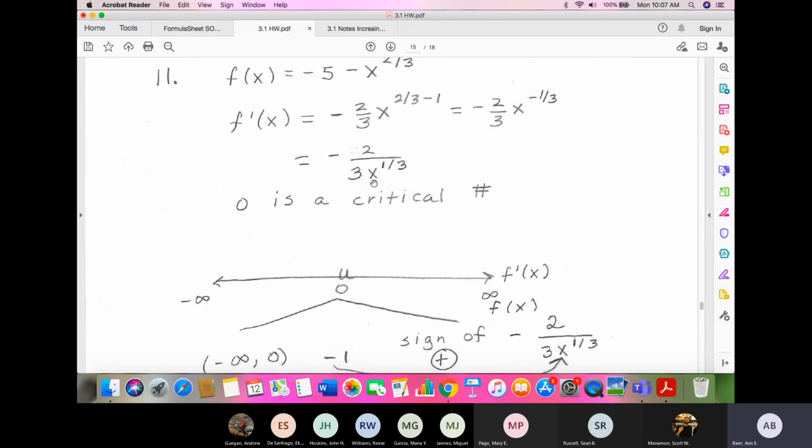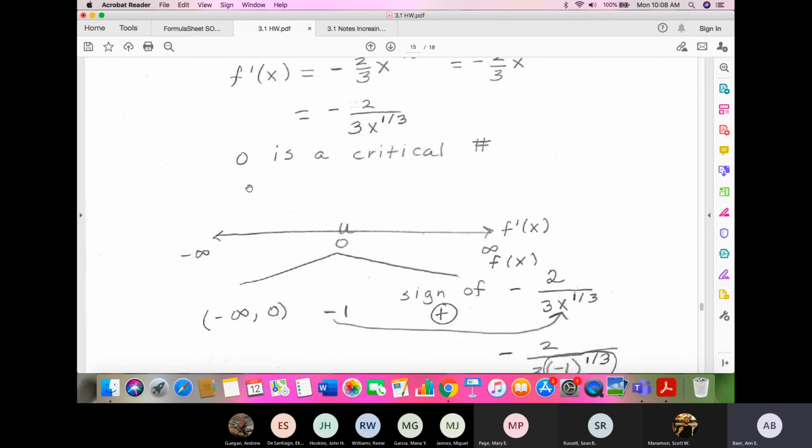We get 0 to the 1/3, which is 0, times 3 is still 0. Division by 0 is undefined. You could put your favorite number in your calculator, do 2 divided by 0. If the entire denominator is 0, you will get a warning that says attempted calculation contains division by 0. So 0 is the critical number here.